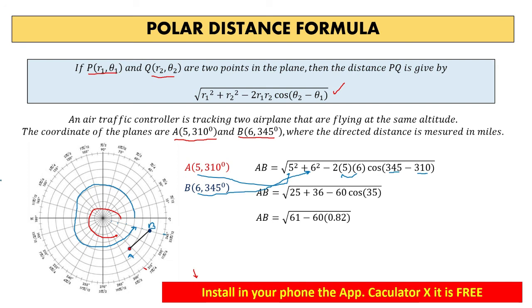Remember to change your calculator to degree mode to find the cosine of 35, because 35 is in degrees, not radians. If you use the TI-83 or TI-84 or any calculator, you need to change the mode to degree. Finally, you find the answer: the distance from the point A to B is 3.44. It's the same, the measure of the segment AB is 3.44.